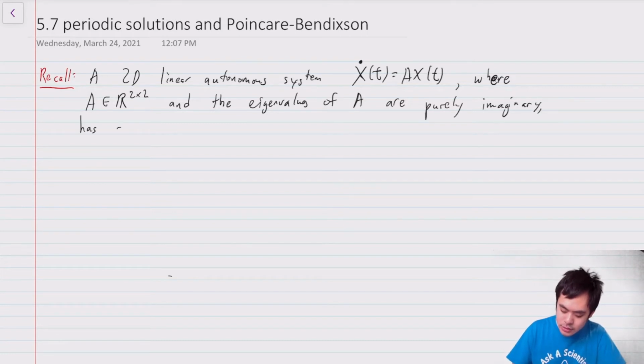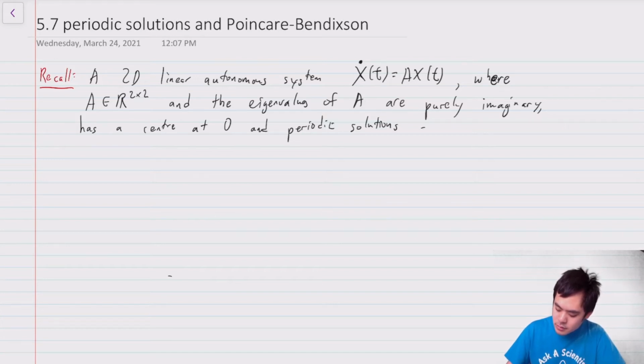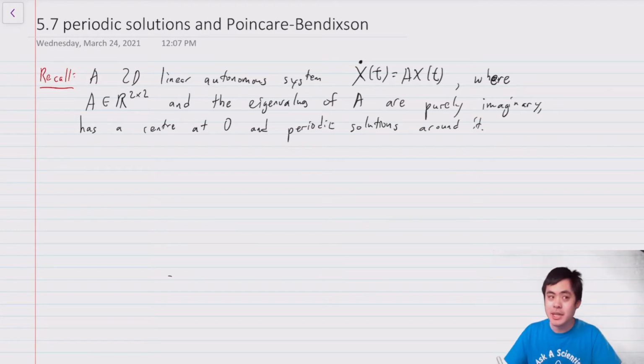This has a center at 0 and periodic solutions around it. And this is because it's basically the sum of sines and cosines.